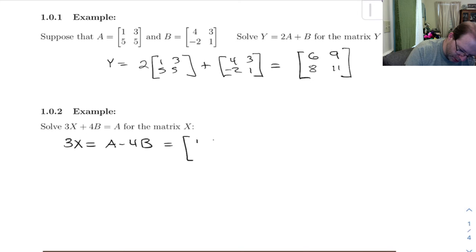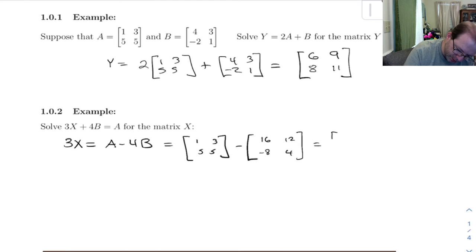So A is [1 3; 5 5]. I'm going to go ahead and write out 4B here. If we multiply matrix B by 4, we'll get, let's see, 16, 12, negative 8, 4.